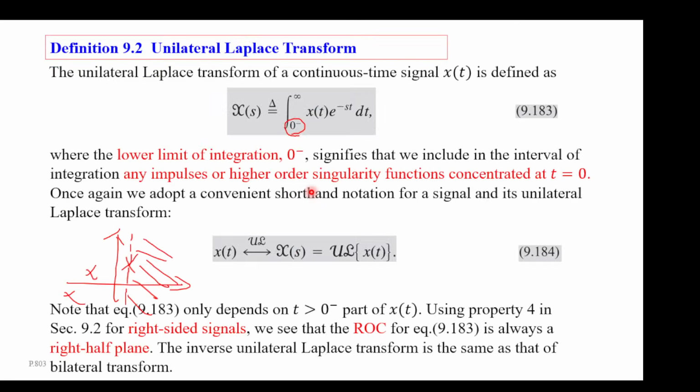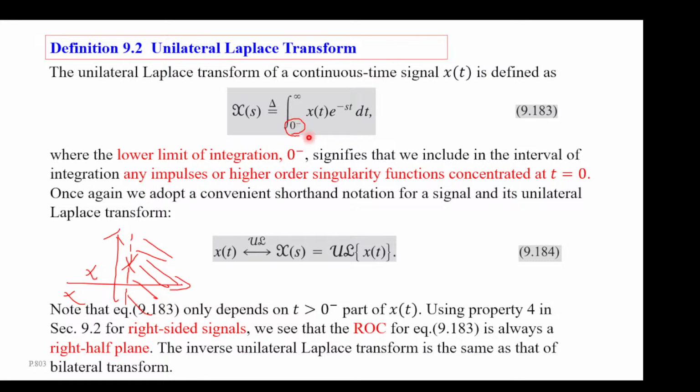Today we are going to go to the next topic that we started a little bit last time, and that's the unilateral Laplace transform. The unilateral Laplace transform is another form of the Laplace transform that's very similar, but it changes the integration range to start from 0 minus.